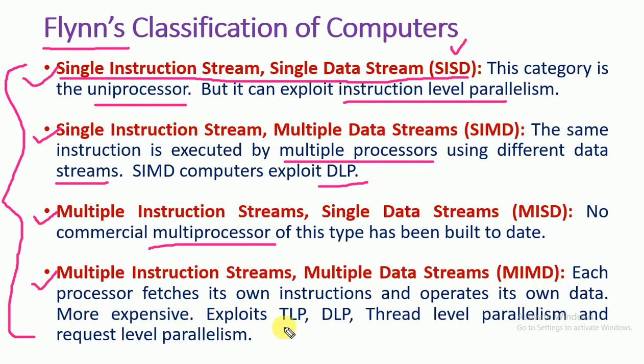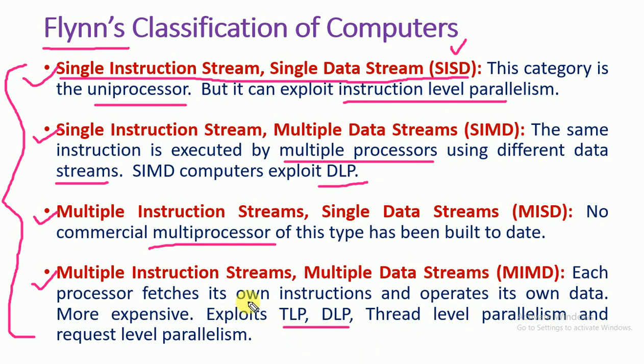There we can exploit both task level as well as data level parallelism by using multiple processors. Each processor fetches its own instruction and operates on its own data. So one instruction is given to one processor and its corresponding data. The second instruction is given to a second processor and it will access its own data. Then the next instruction is given to the next processor and it will access its own data.